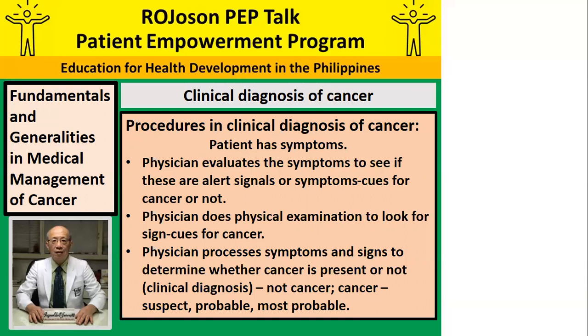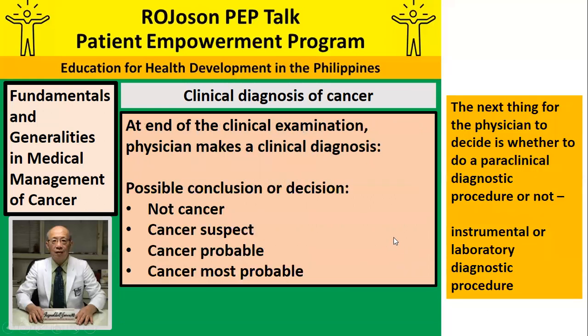And lastly, the physician processes the symptoms and signs to determine whether cancer is present or not. Not cancer, cancer suspect, probable, most probable. So at the end of the clinical examination, the physician makes a clinical diagnosis. These are the possible conclusions or decisions again: not cancer, cancer suspect, cancer probable, cancer most probable.